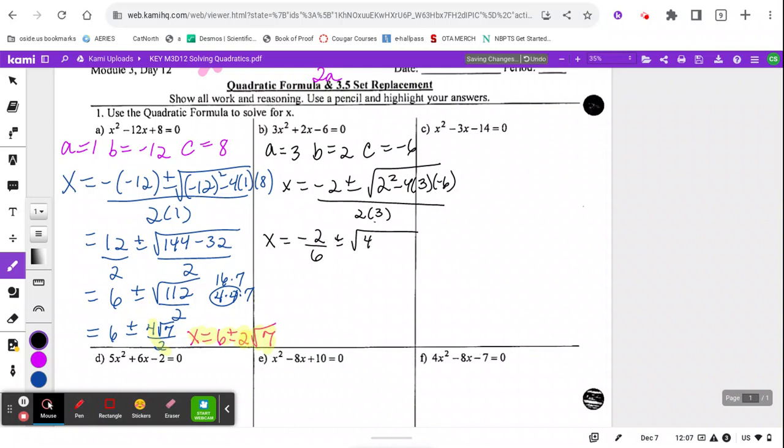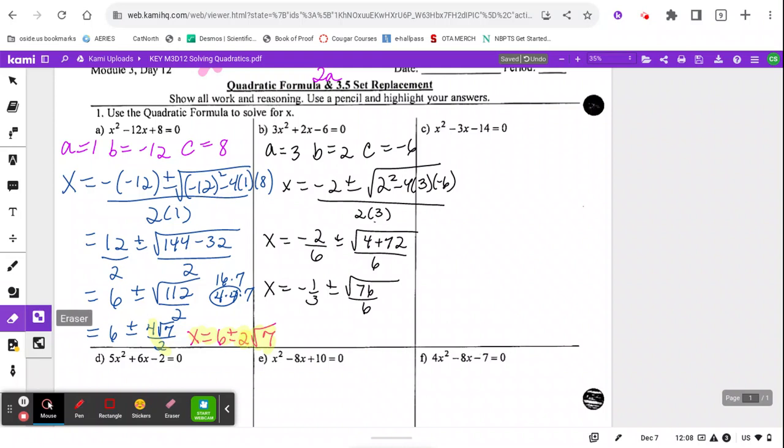So 12 times 6, and negative times negative is positive. 12 times 6, 72. So root 76, let's see if 4 goes in. It does.